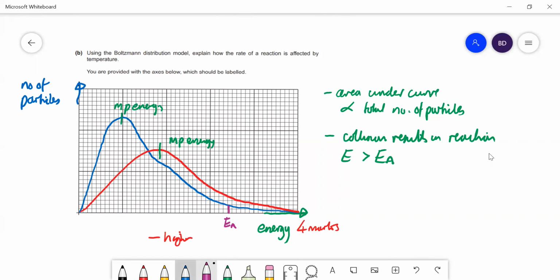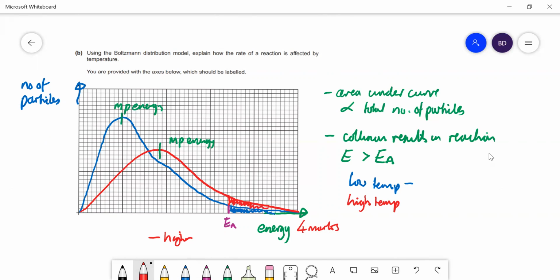Right, at low temperature, the only molecules that can react are those ones I've shaded in blue there, okay? Whereas at high temperature, the red one, the area under the curve is proportional to the number of molecules which can react, that have got enough energy. And you can see the area there is a lot bigger.